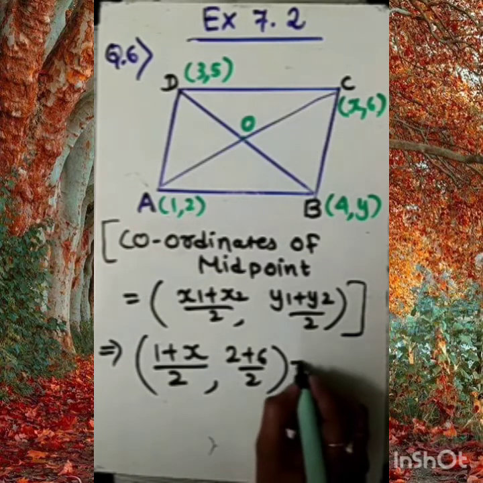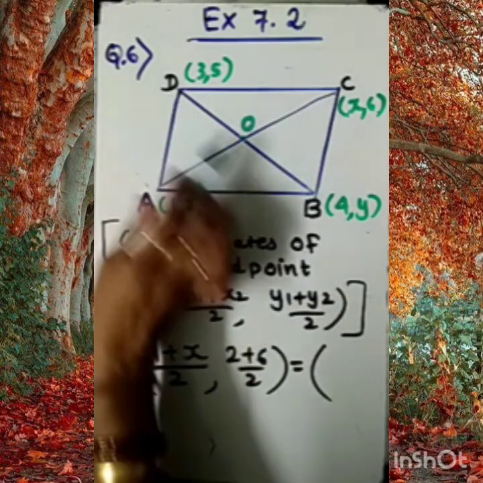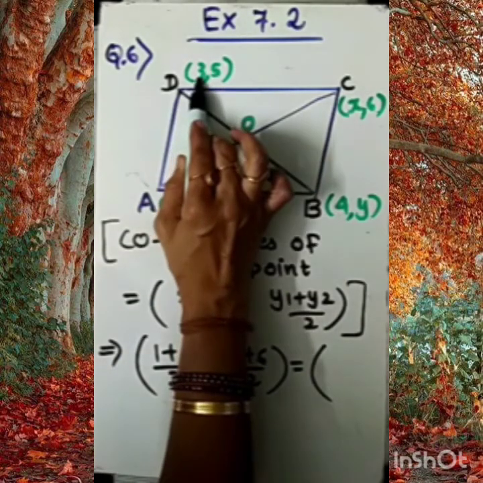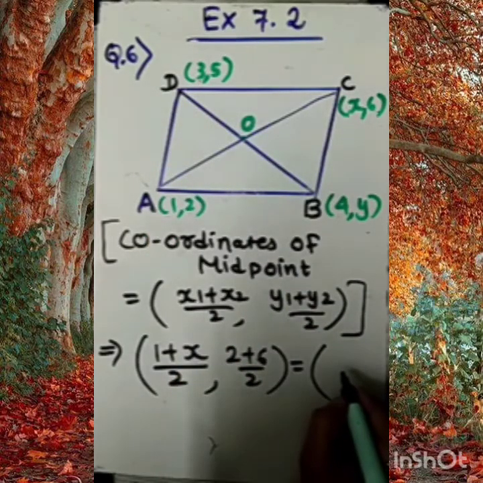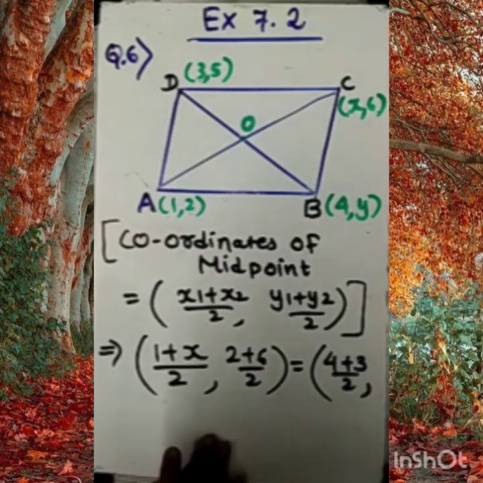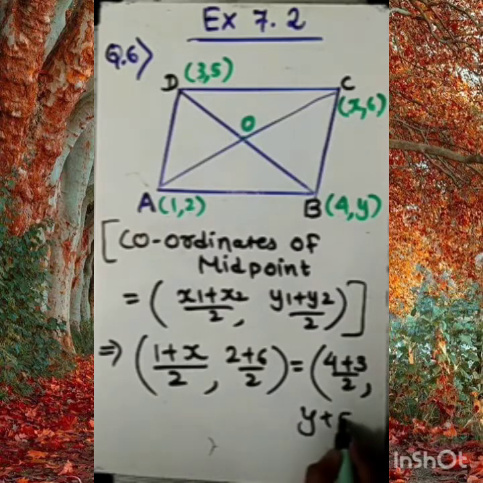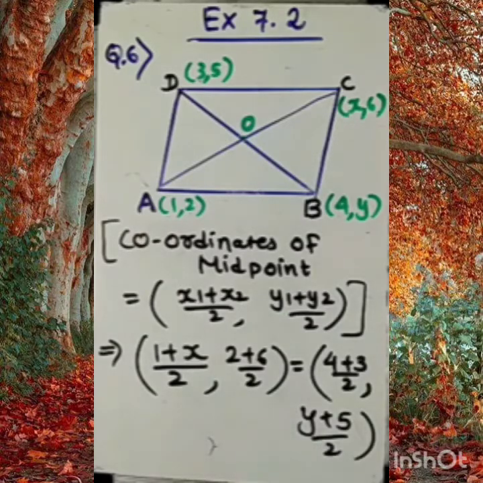That is equal to the midpoint of BD, which is 4 plus 3 divided by 2, comma, y plus 5 divided by 2. Now we are going to simplify and compare in the next line.